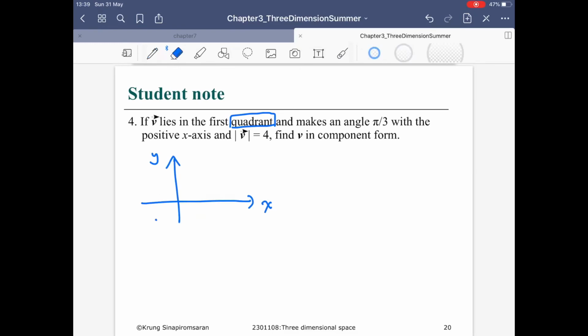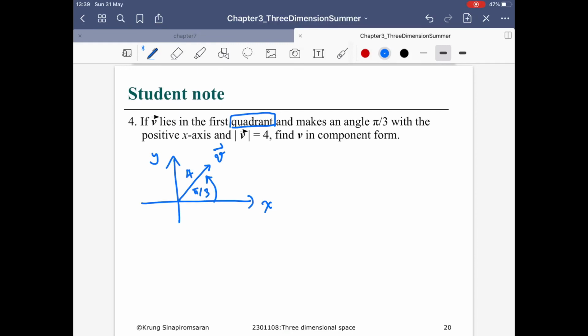So here it's saying that your v lies in the first quadrant, and your v has the length of 4 and makes an angle of pi over 3 on the positive x-axis. You want to find your v in component form.